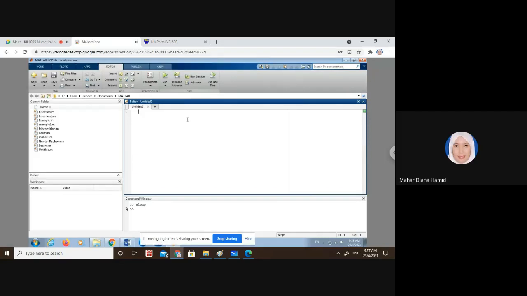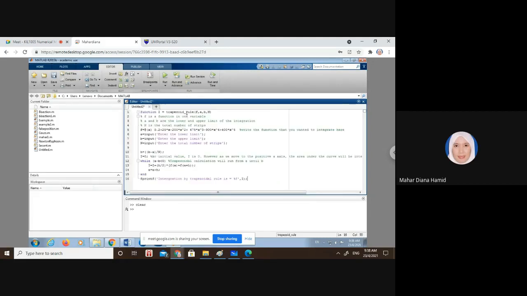Okay. Right. So if you try to write down the codings for the trapezoidal rule, you will get something like this. We are going to discuss this line by line.